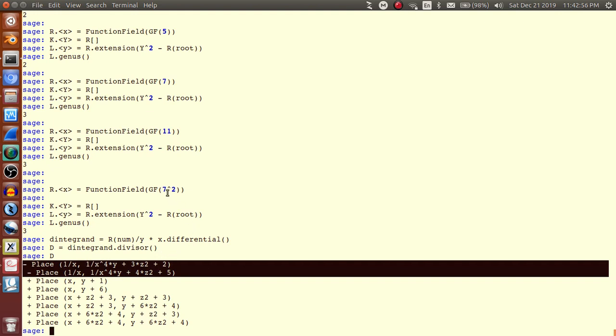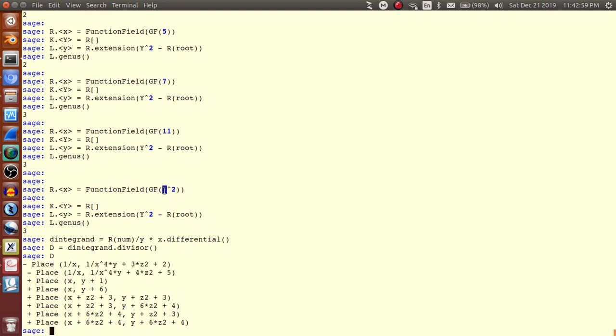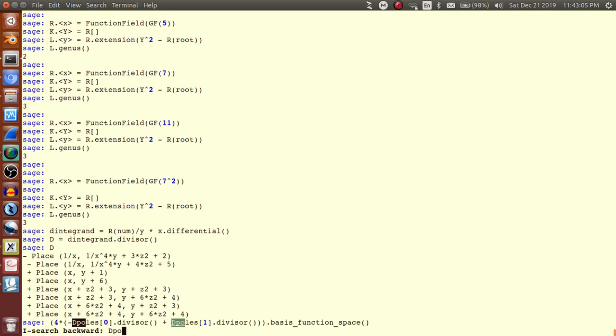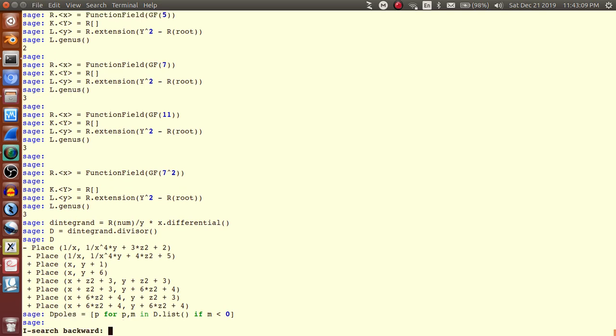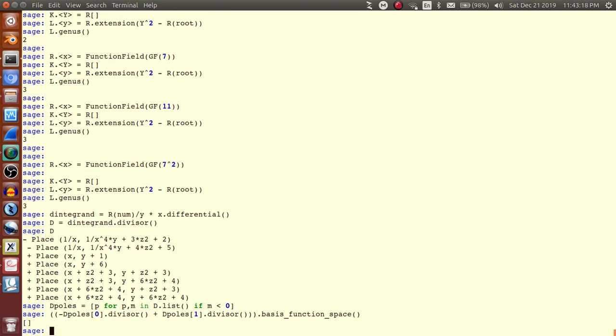If I had not gone to Galois field 49, these two would have collapsed together, and that would not have been desirable. So I'm going to pull out the poles again. Let's do this, and basically just run this calculation again.